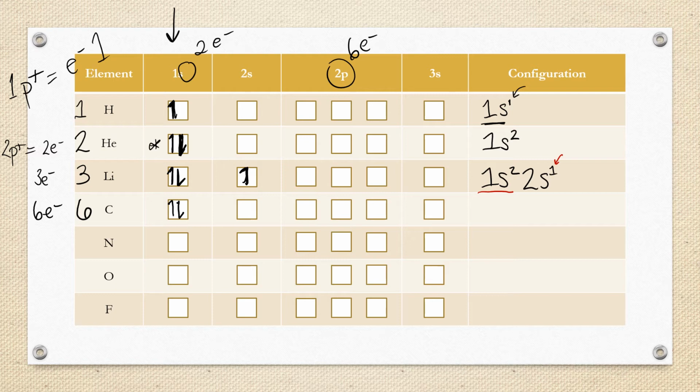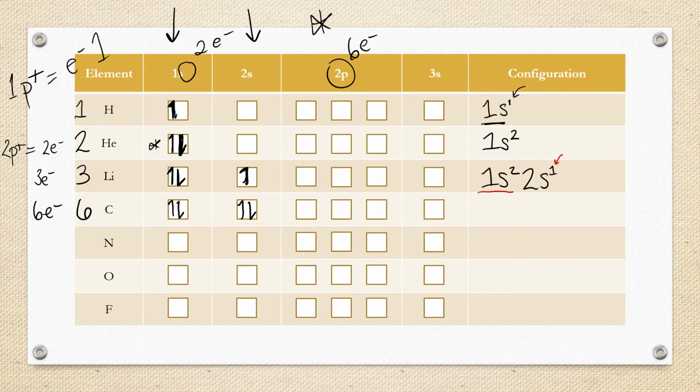So I have 2 down, 4 to go. Next, I need to fill in my second orbital. I have to always go in order. I can't just jump ahead to later orbitals. So here I also fill in 2 electrons with opposite spin. That puts me at 1, 2, 3, 4 electrons. I have 2 more that I have to fill. So we're finally getting into this 2p orbital here.